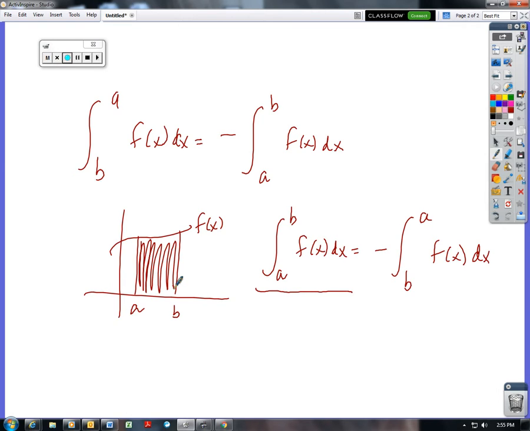But then, if you go from b to a, if you were making those rectangles, the widths of your rectangles would be the opposite of what they would be if you were going from a to b. The heights are still the same, but the widths are opposite in sign, so your integral would be the opposite of the original integral. So that's why they are opposite of each other.